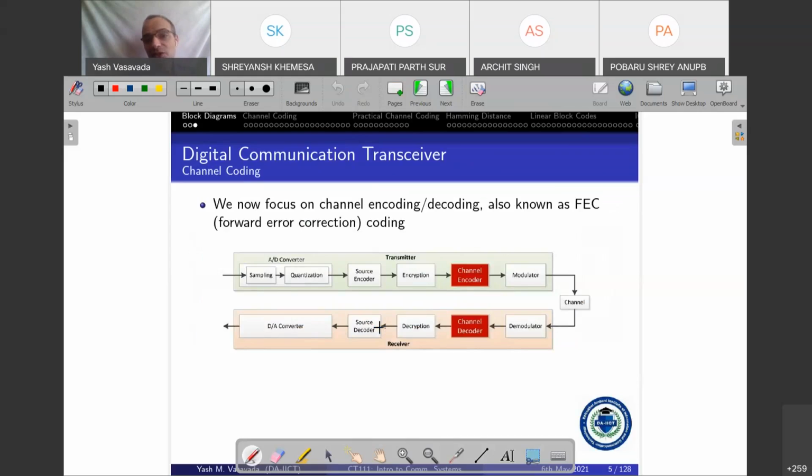But by the way, even channel coding is a separate course in itself. Source coding is also a separate course. But encryption and decryption definitely is maybe a little bit unrelated to our overall flow. So we will not cover that topic at all here.